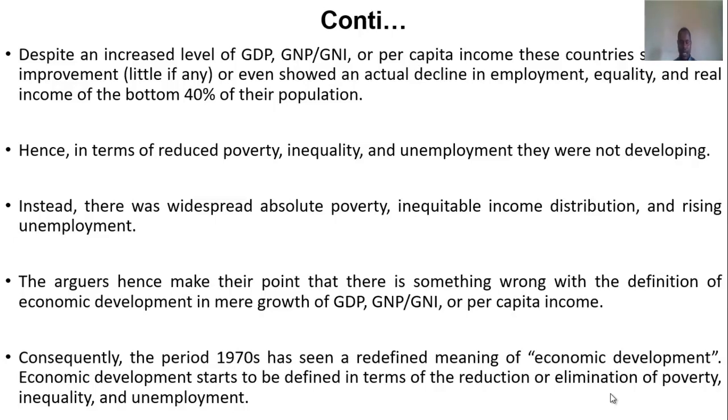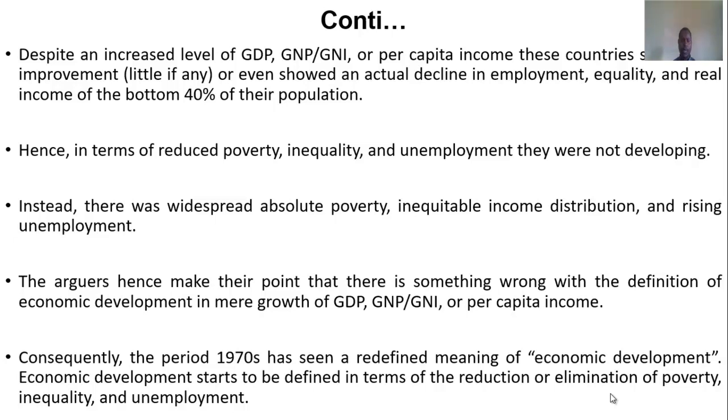They said GDP, GNP, GNI, or per capita income do not show the real living status of the vast majority of the population. There is no trickle down. The economy was controlled by a few, and the vast majority of the population was struggling.